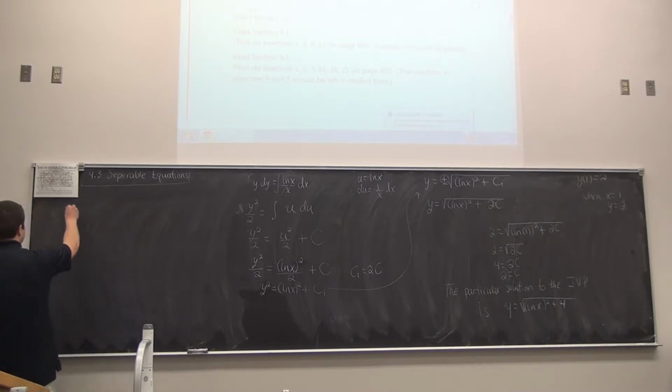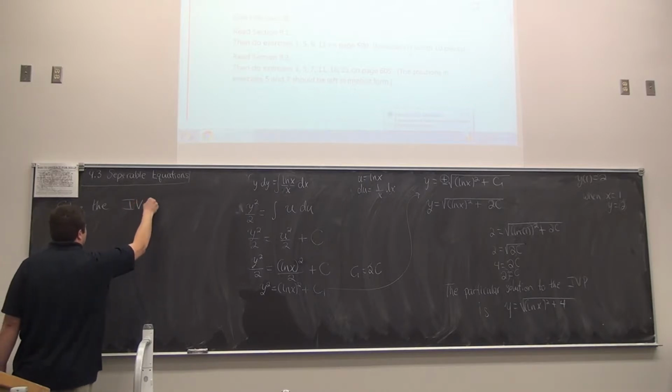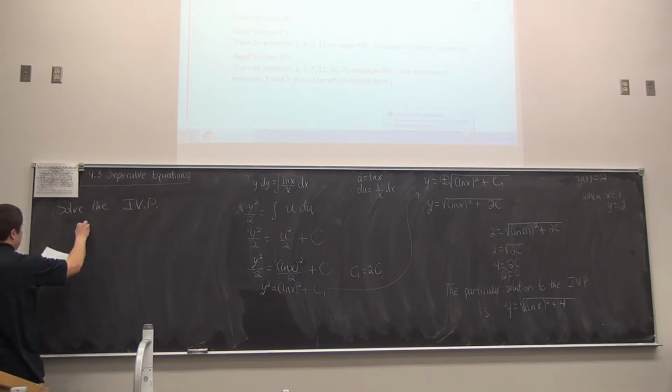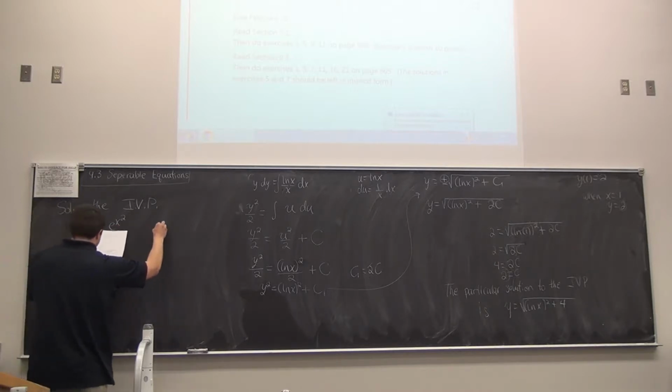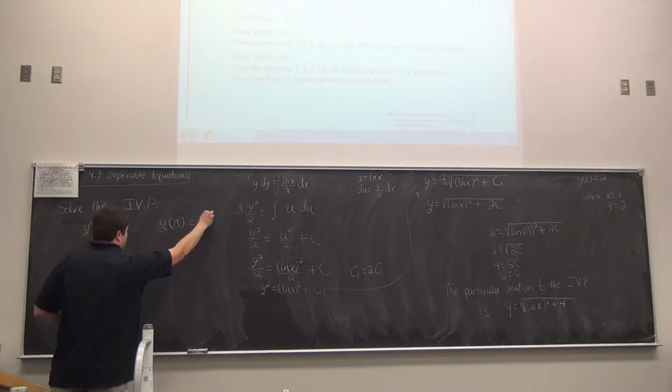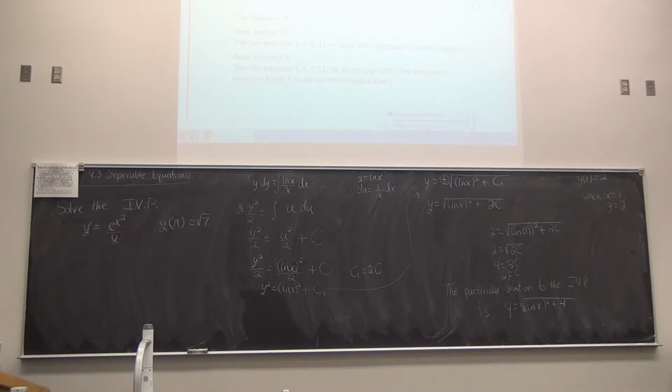And this problem says to solve the initial value problem, which reads y prime equals e to the x squared divided by y, with initial condition y at pi is equal to the square root of 7. So that's what we'd like to solve. And things like this do come up pretty routinely in actual real-world physical situations, so they're valuable things to see how to deal with.